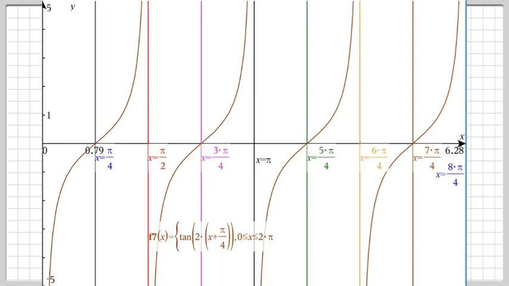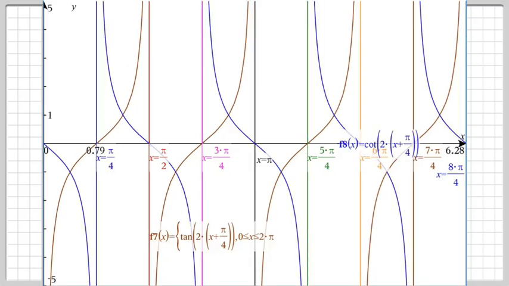Now, watch this, guys. There it is. There's cot. It's amazing, isn't it? It's very busy. I told you it'd be busy. Now, let's just try and make some sense out of this. That's the graph of h of x equals cot of 2 times bracket x plus pi on 4. And when tan equals 0, cot is undefined.